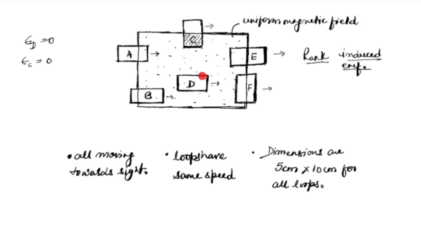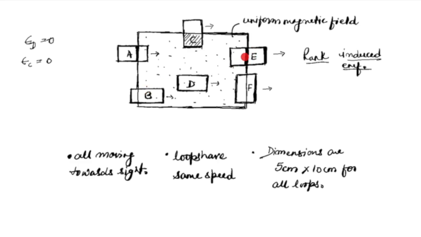Now, what about the rest of them? This A, this B, and this E. Due to their orientation, they are similar loops with similar dimensions, and the change in area for the next movement will be the same. Why? If this one is entering, in an instant it takes this much thickness of area. At the same time, because the orientation and speed are the same, this one also leaves this much area. That will be the area change.